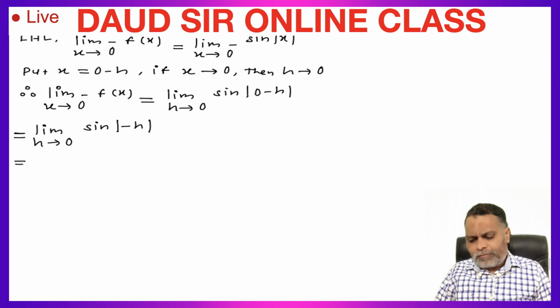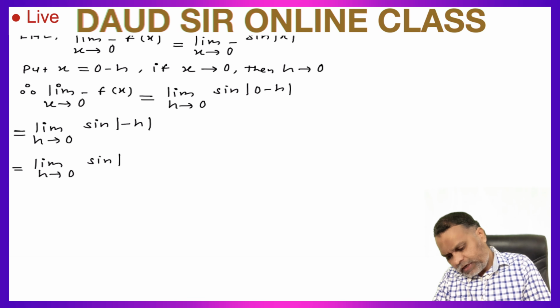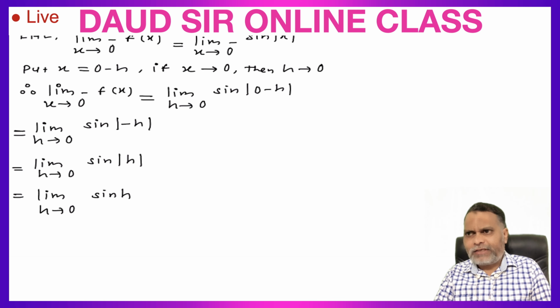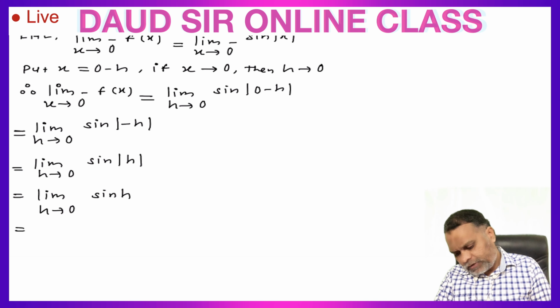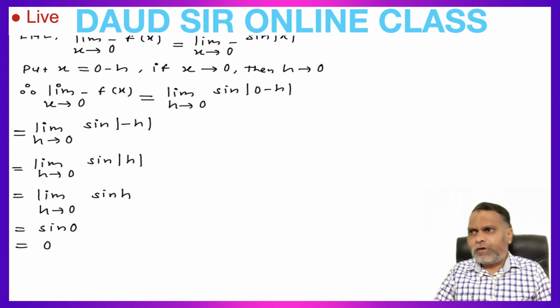You know, modulus sign consumes negative sign, so this is limit h tends to 0 sine modulus of h, which is equal to limit h tends to 0 sine of h. This modulus of h, h is a very small quantity, so we can take h. Now substitute h is equal to 0, so this is sine 0 and the value of sine 0 is 0. So in this way we have got left hand limit 0.